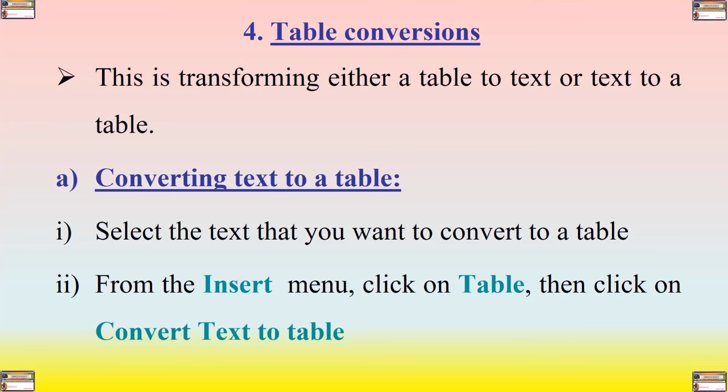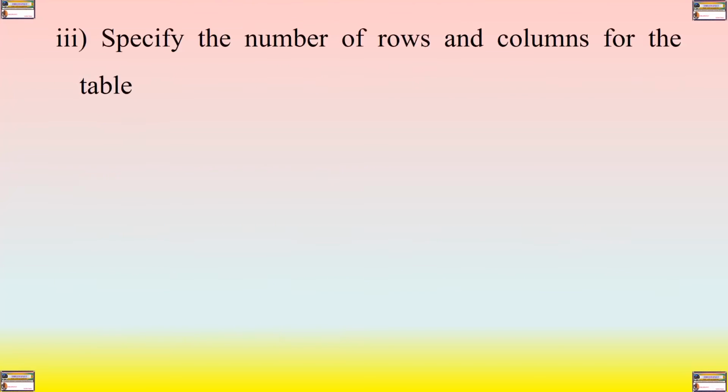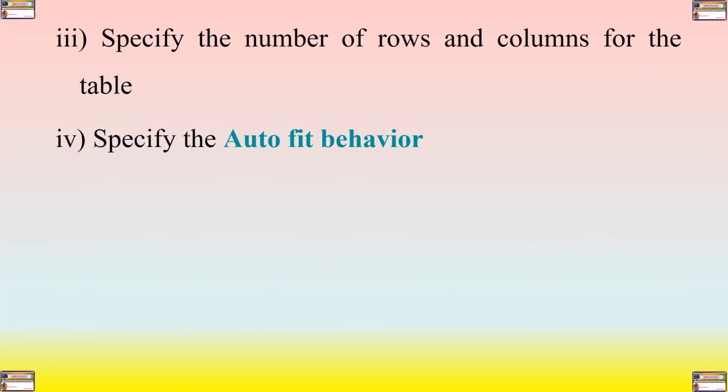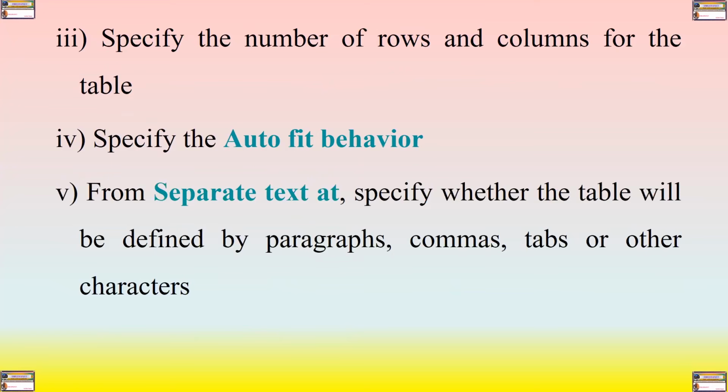Then from the Insert menu, click on Table. Then click on Convert Text to Table. Then specify the number of rows and the columns for the table. Specify the auto-fit behavior so that your rows and the columns are adjusted as per the data that you want to be placed in terms of rows and the columns.